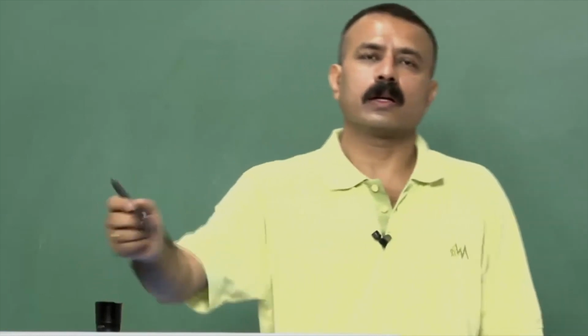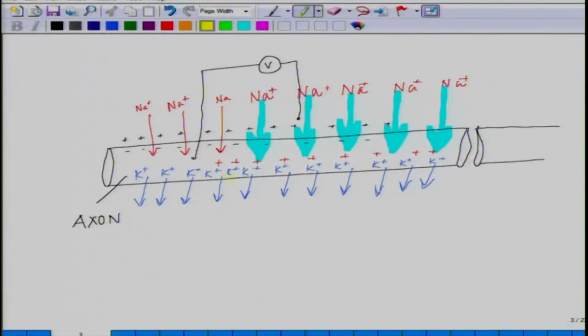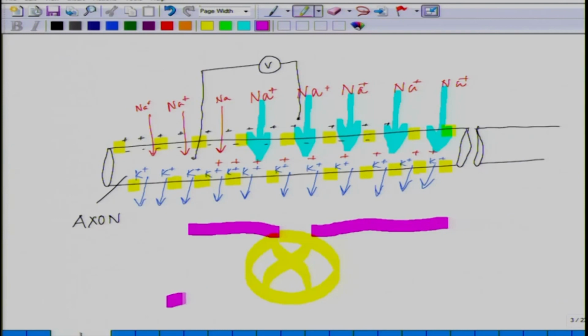That is the event. There are some very interesting pumps sitting on this membrane, shown in yellow, and these pumps function in a totally different way. If an individual pump is shown, it is something like this. It is sitting on the membrane like this, and this pink one is showing the membrane line.